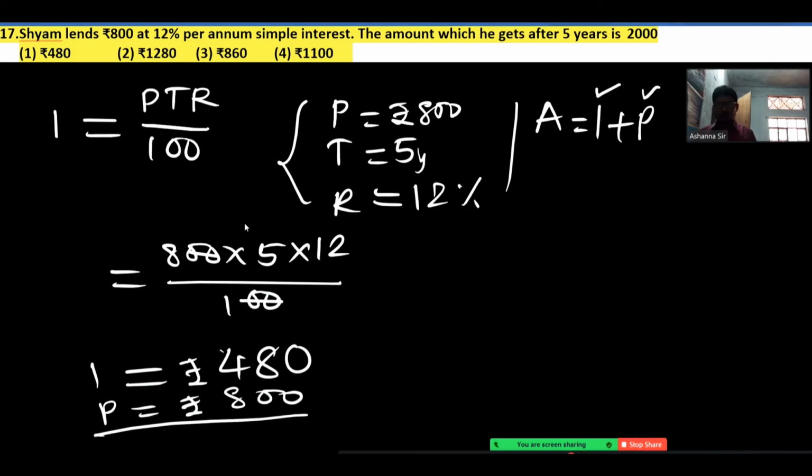So amount A is equal to 1280. So option 2 is correct.